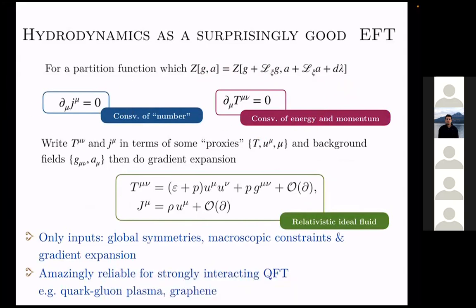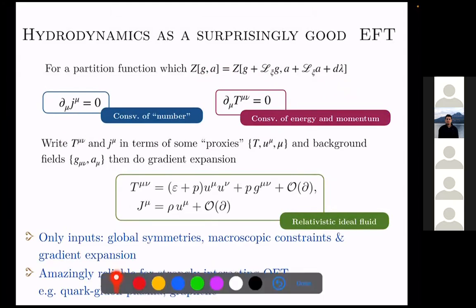This is just the usual identity and nothing fancy, but you can also write these in terms of proxies, which are roughly conjugates of your conserved currents: temperature is conjugate to energy, velocity to momentum, and the chemical potential to the U(1) current. These are the conserved charges in this system, along with the background fields.